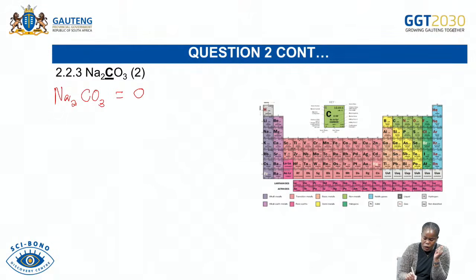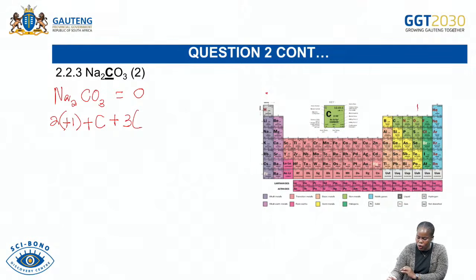So that means that we are looking for carbon. Here is my sodium in group number 1, so it's going to be 2 times plus 1, plus the carbon, which is our unknown in this case, plus there are 3 atoms of oxygen.